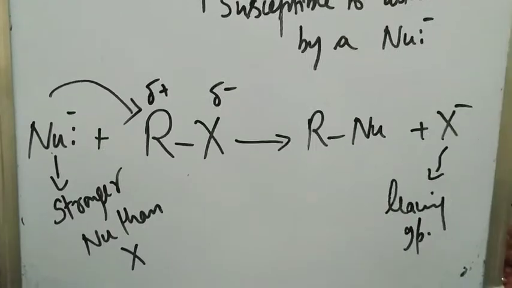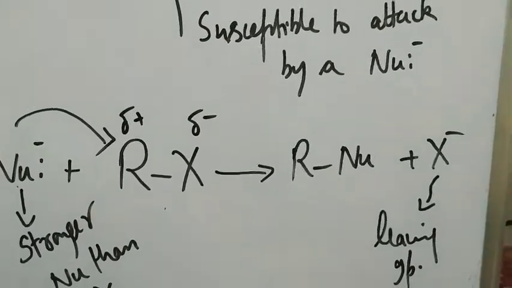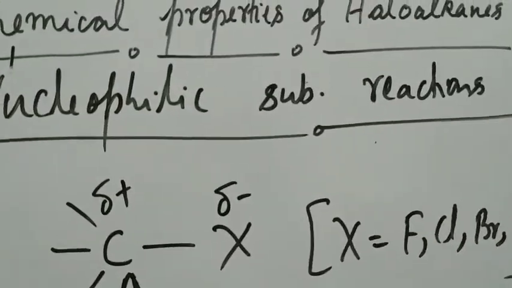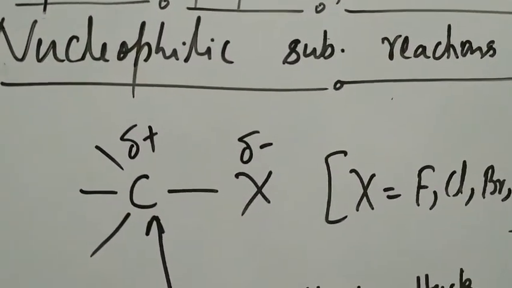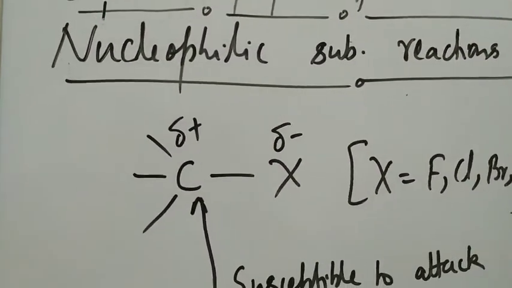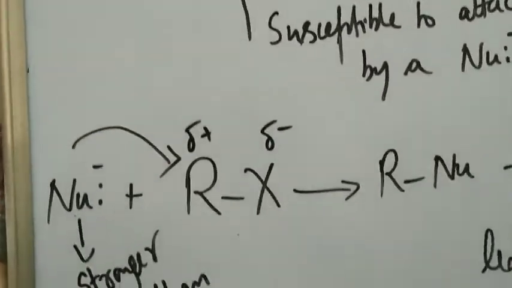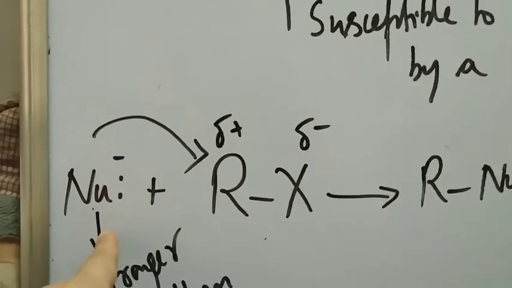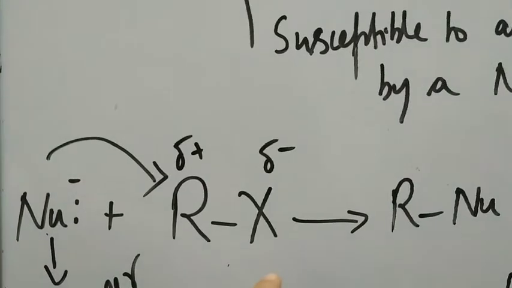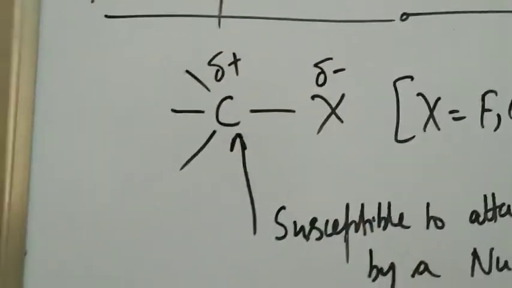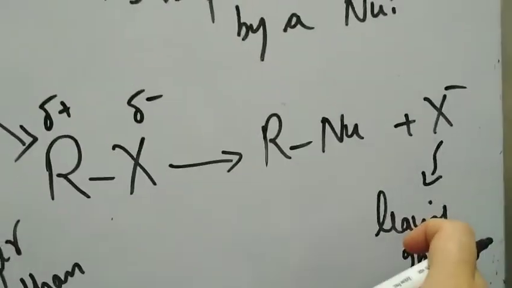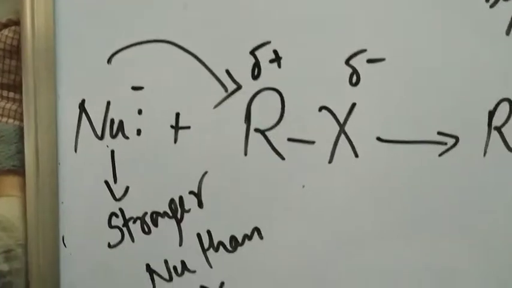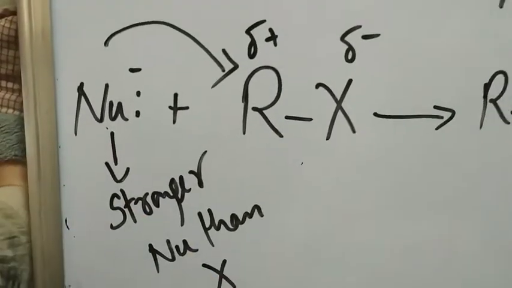Knowing this kind of reaction, how will you define nucleophilic substitution reactions? The reactions in which a stronger nucleophile replaces a weaker nucleophile are called nucleophilic substitution reactions. This is called the leaving group, and this is called the incoming group, the incoming nucleophile.